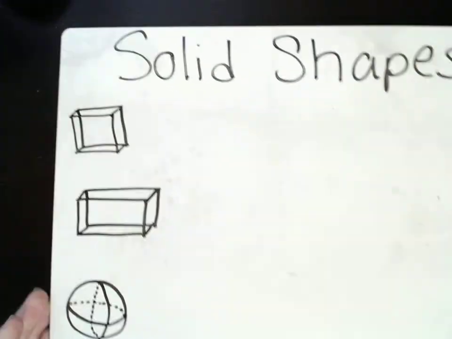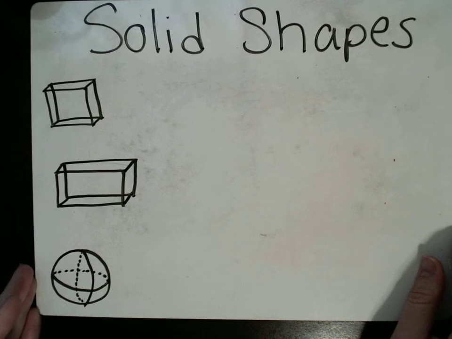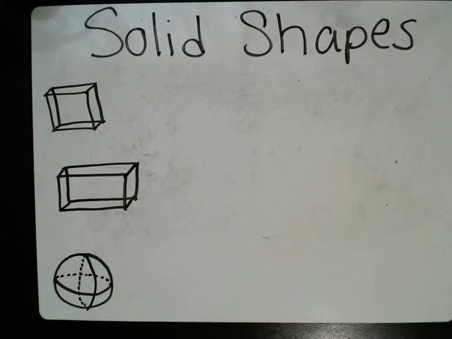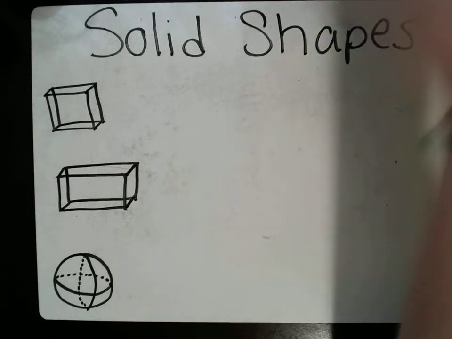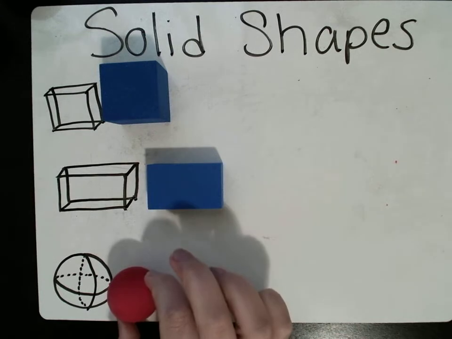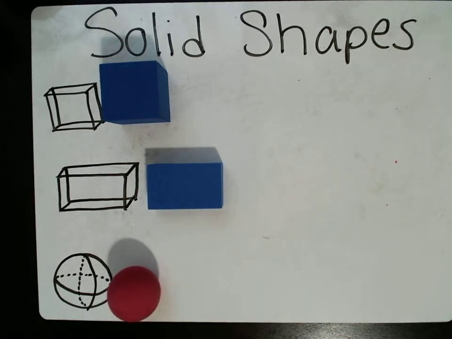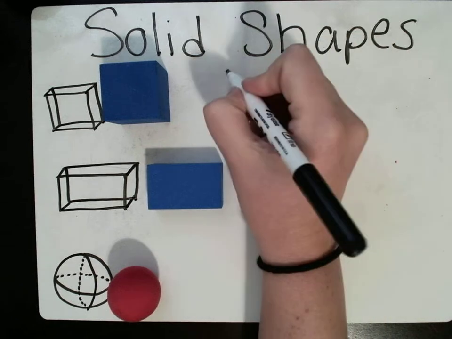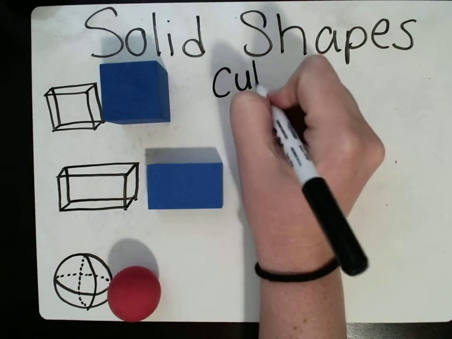These ones are a little bit tricky because they're different from what we have done before. These are called solid shapes. I have an example of each of them. We have our solid shapes. This first one is called a cube.